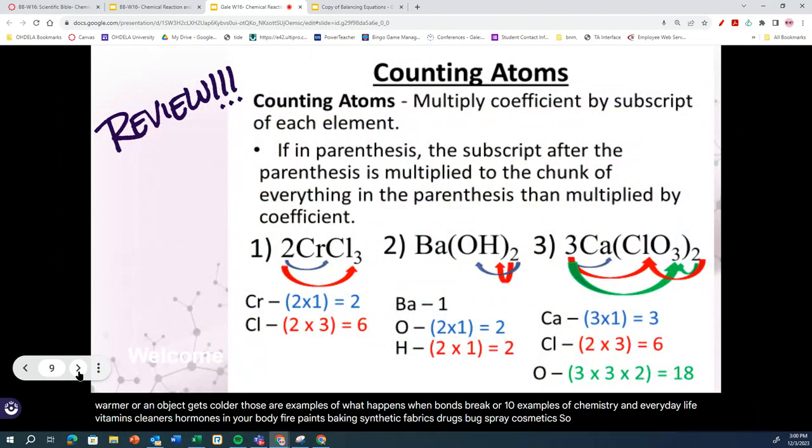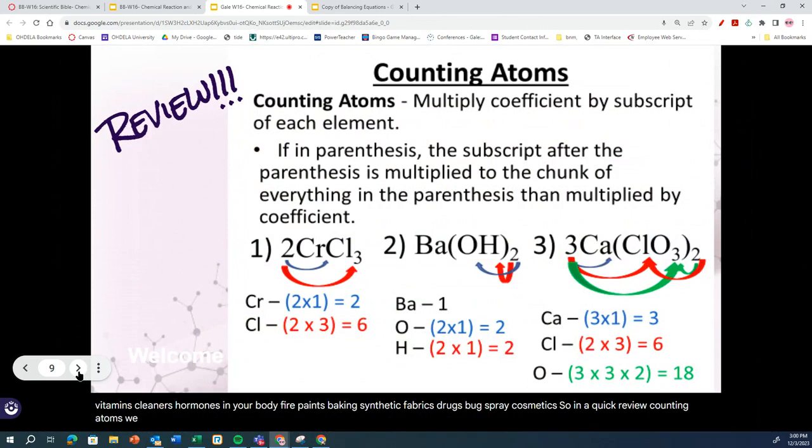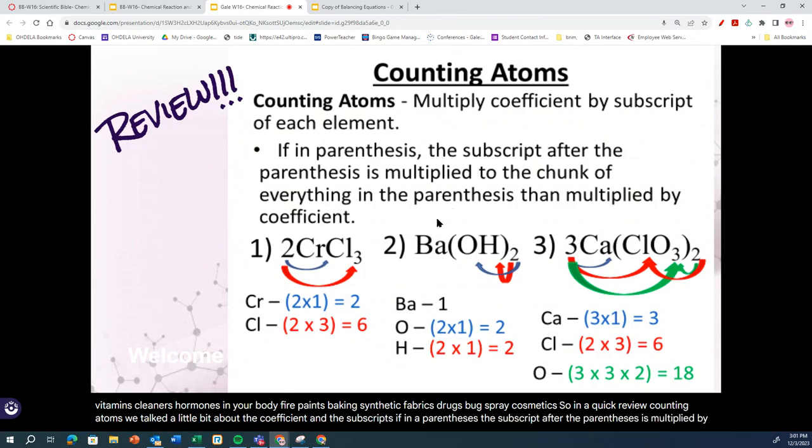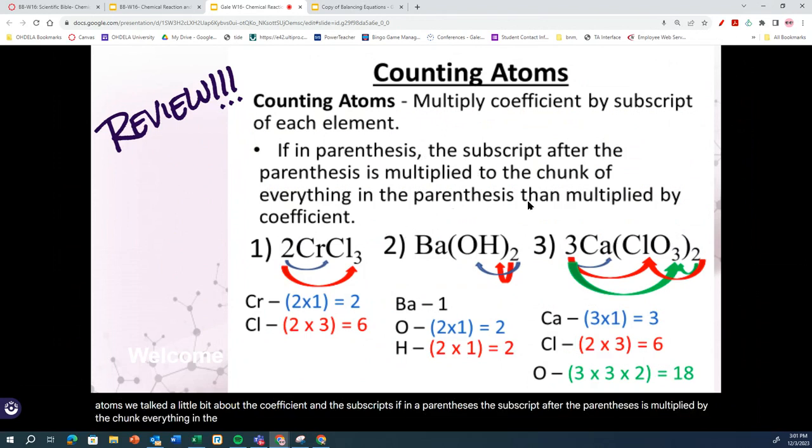So in a quick review, counting atoms, we talked a little bit about the coefficient and the subscripts. If there is a parentheses, the subscript after the parentheses is multiplied by everything in the parentheses, and that is multiplied by the coefficient.